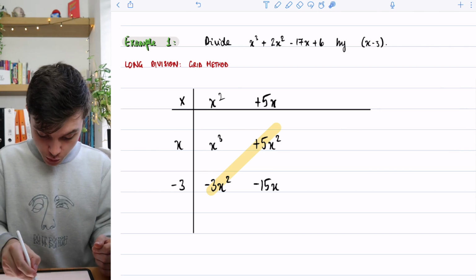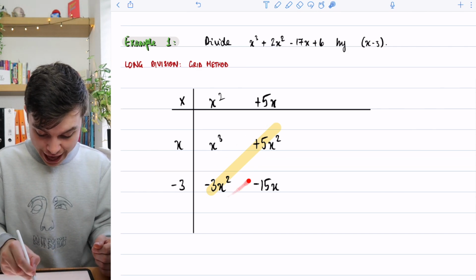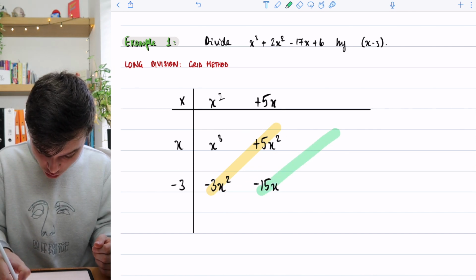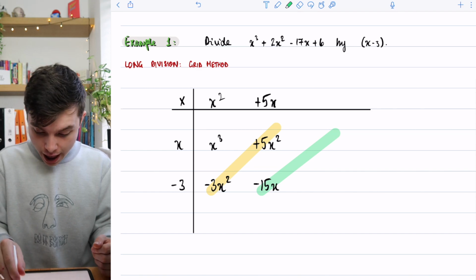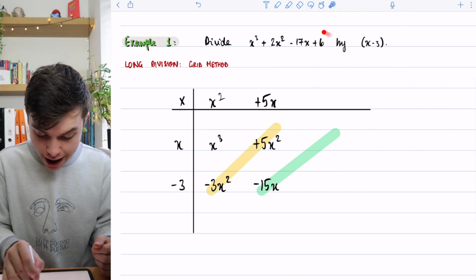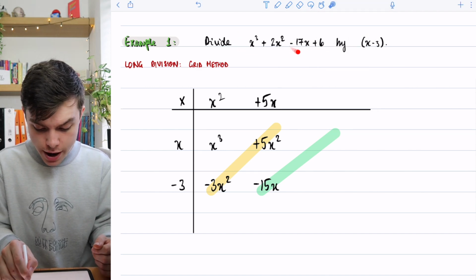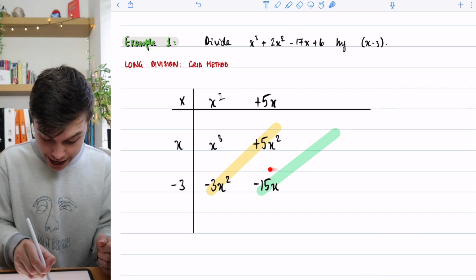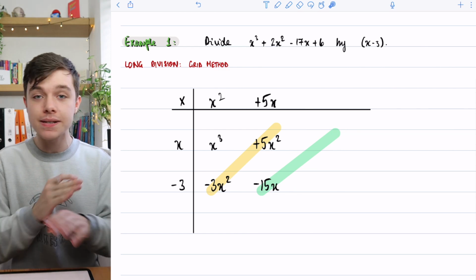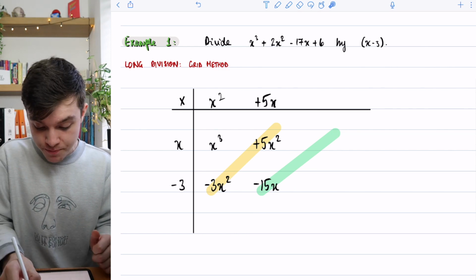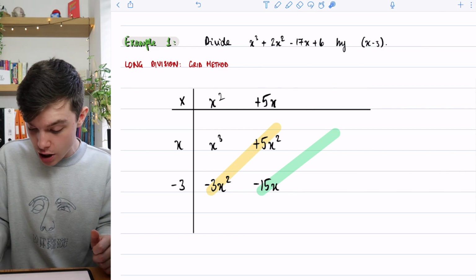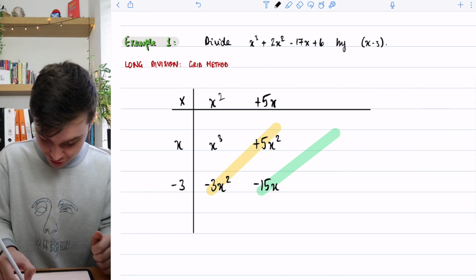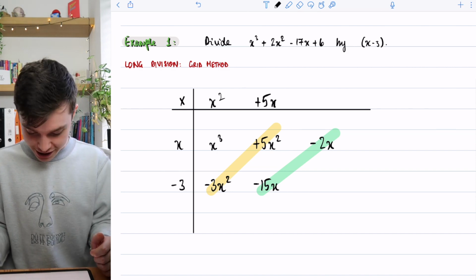Just like we had to work along the diagonal here with the x squareds, we need to work along the diagonal here with the x's, okay? How many x's do I have in what we're dividing? In the question, we have minus 17x. Here, I have minus 15x. I don't want minus 15, I want minus 17, so I need to take 2 off. Make sure you get your signs right, okay?